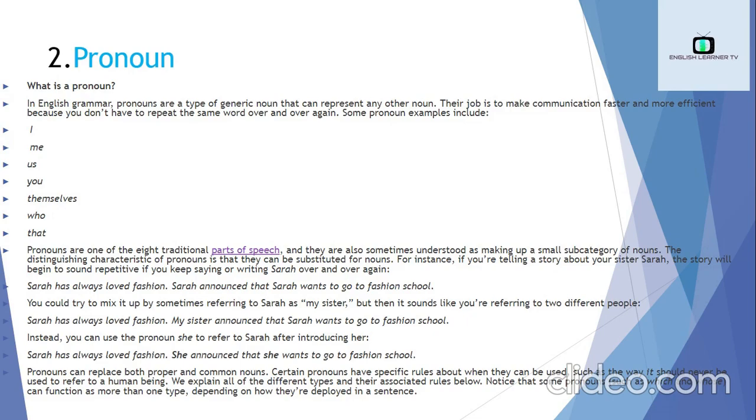To explain all of the different types and their associated rules, see below. Notice that some pronouns such as which and that can function as more than one type, depending on how they are deployed in a sentence.